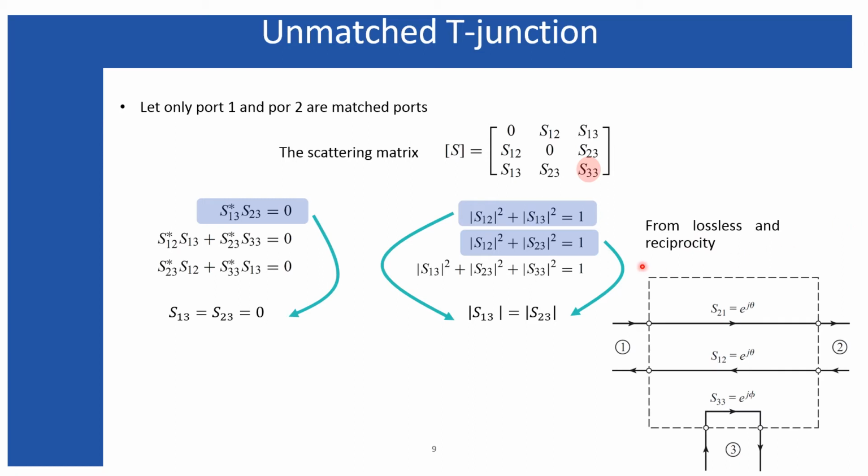So we can assume the three-port network, which can be seen as this port 1 and port 2, and here is port 3. When you are exciting port 3, the entire excitation wave gets reflected back from port 3, and nothing is delivered to either port 1 or port 2.